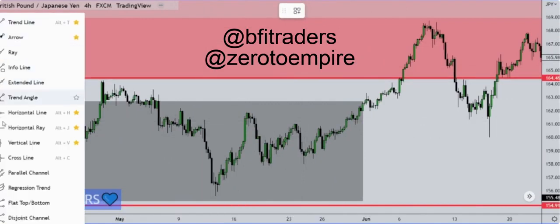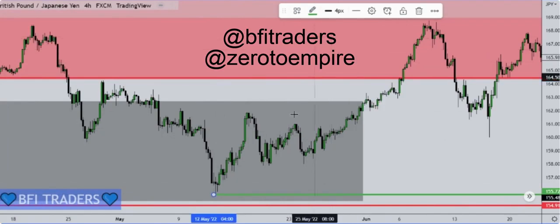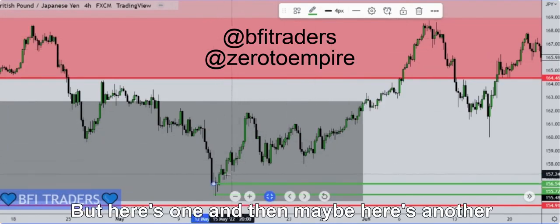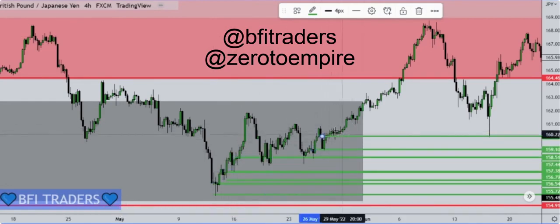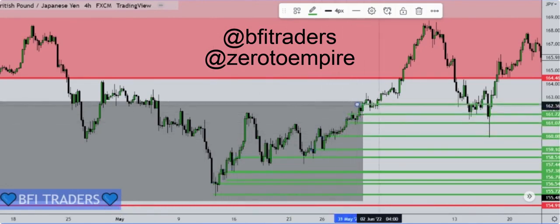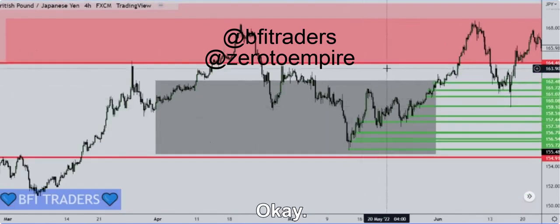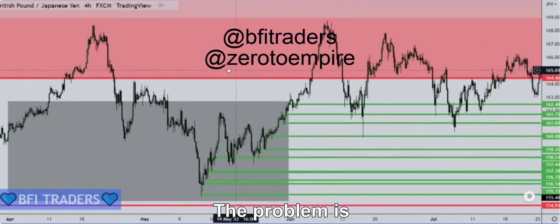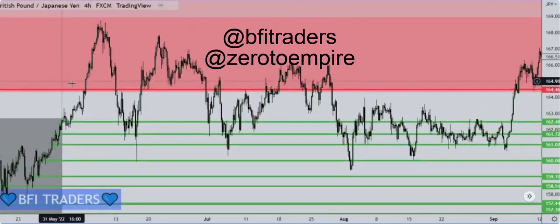We'll even do it just a bunch of rays like this. But here's one, and then maybe here's another one, and then there's a whole bunch here, right? Within this weekly area.